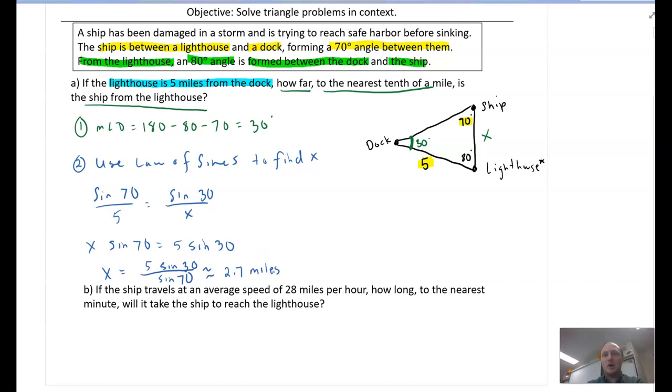So what is our conclusion? We can say the ship is about 2.7 miles from the lighthouse.